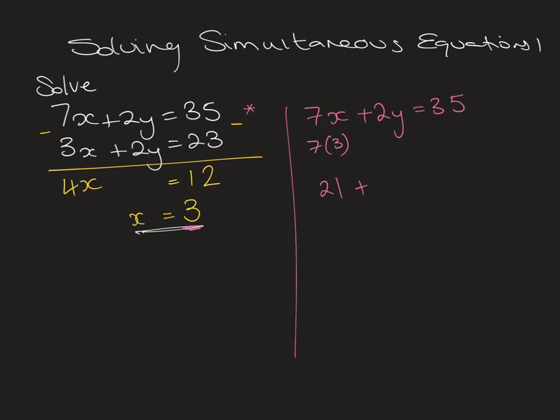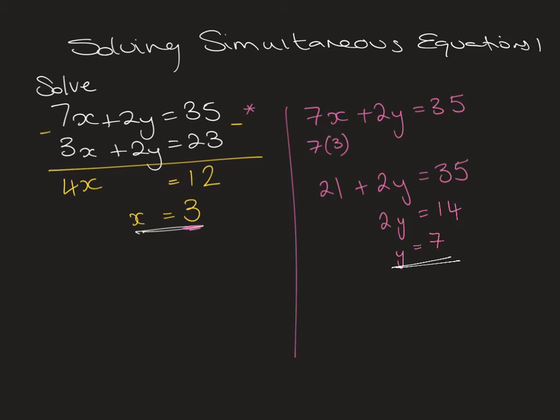So now we have 21 add 2y is equal to 35, and we can solve this to work out what y is. If we subtract 21 from both sides, we get 2y is equal to 14, and then divide both by 2, y is equal to 7. And that's our second solution.